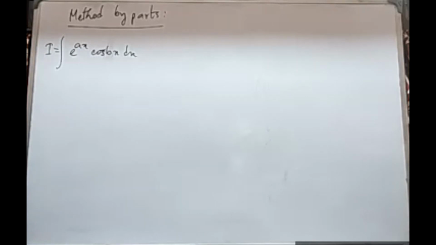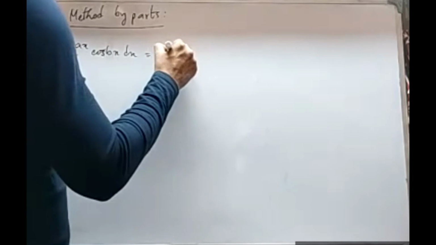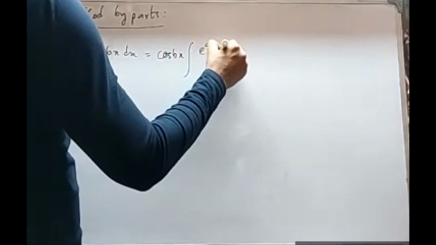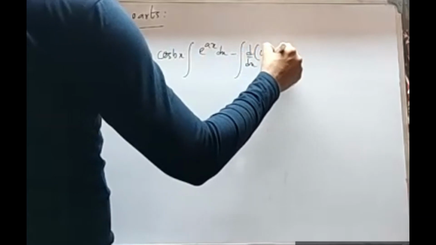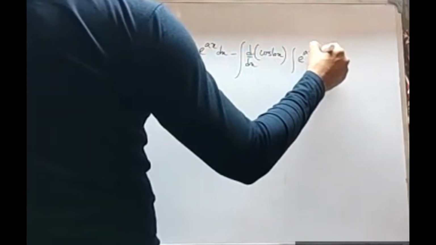According to ILATE, exponential should be integrated. So we can write it like this, cos bx is outside, integration e to the power ax dx minus integration d/dx of cos bx and integration e to the power ax dx.